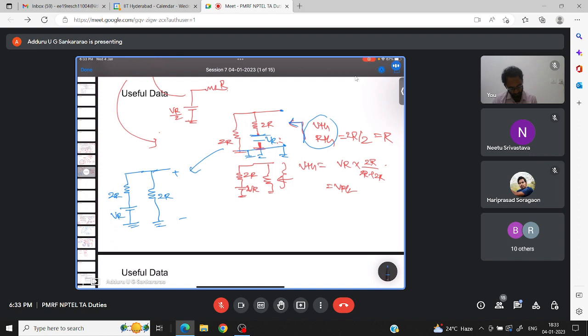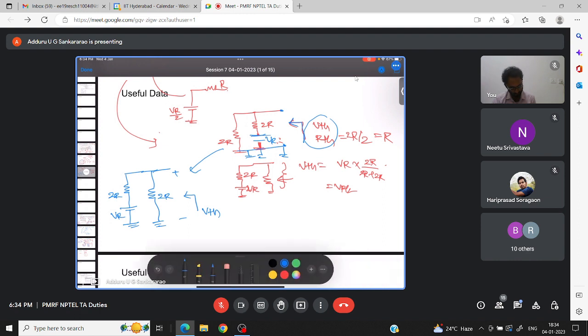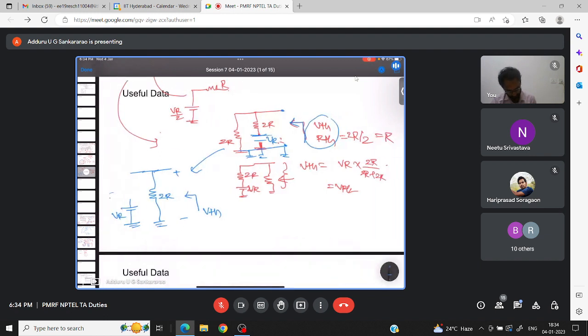Now, looking from here, what is VTH? What is the open circuit voltage looking from here? This still I can redraw like this. Can I redraw like this? 2R.